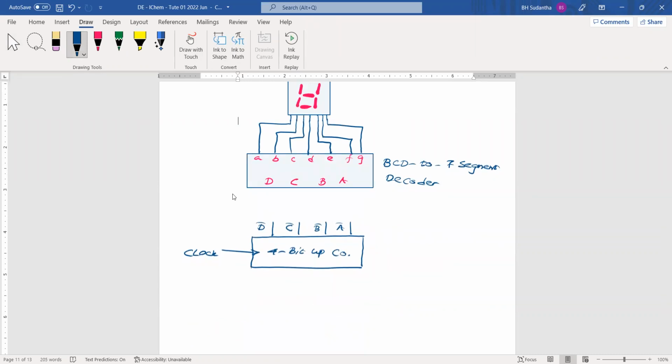Here it's expecting 4 lines. Then we have these 4 lines. We can connect these ones straight away.